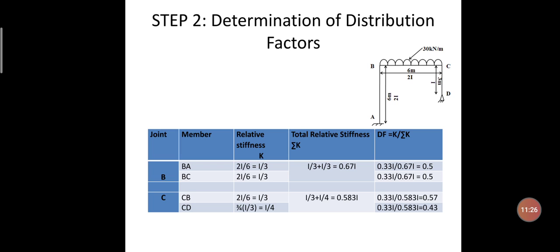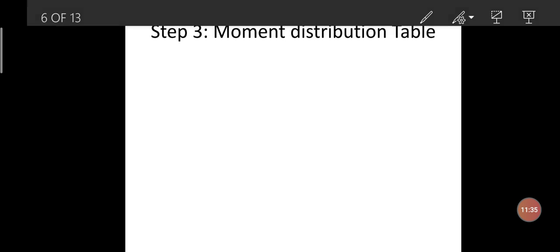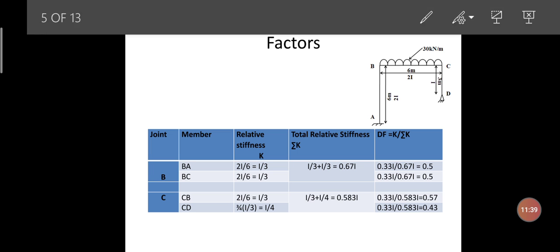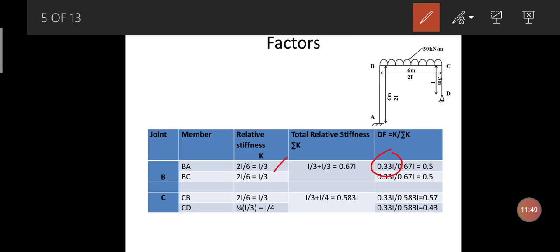So next thing is determination of the distribution factors. The distribution factor is nothing but the ratio of K by sigma K. So here K for member BA is I by 3, which is equal to 0.33I itself, divided by sigma K, here 0.67I.